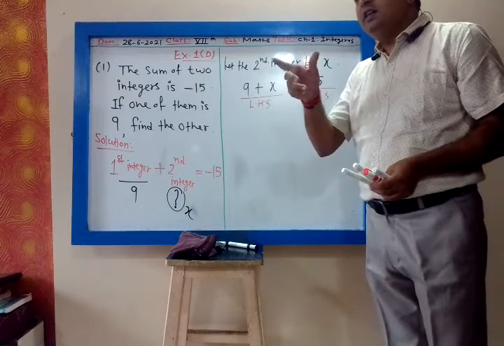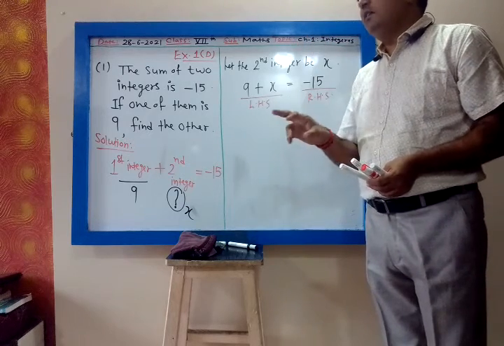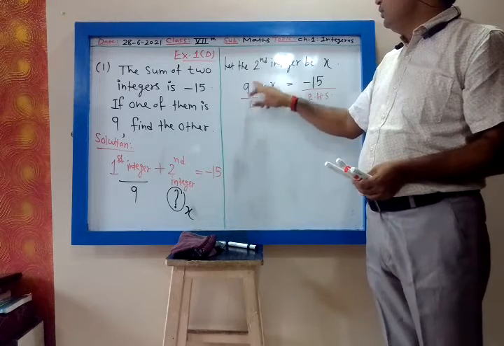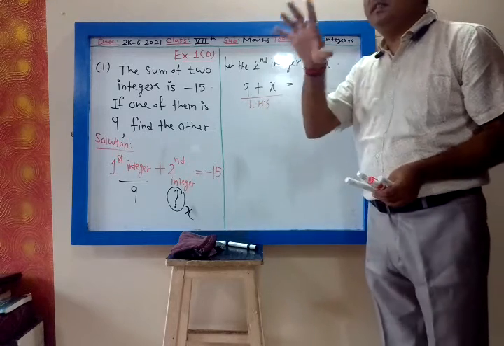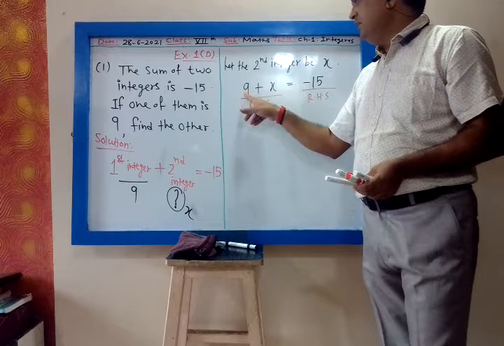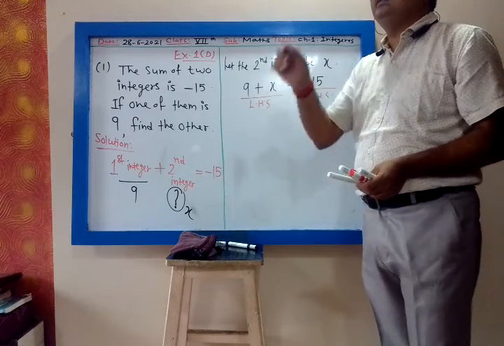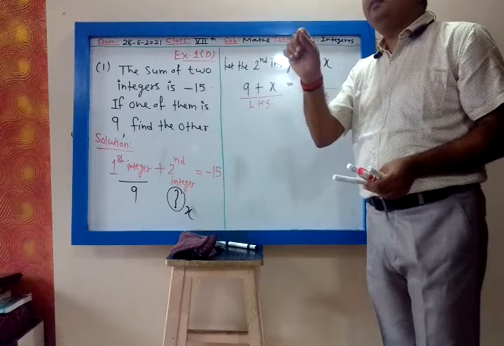Whenever we change the side of a number, from left to right or from right to left, the sign changes. Plus becomes minus, minus becomes plus, multiplication becomes division, division becomes multiplication.